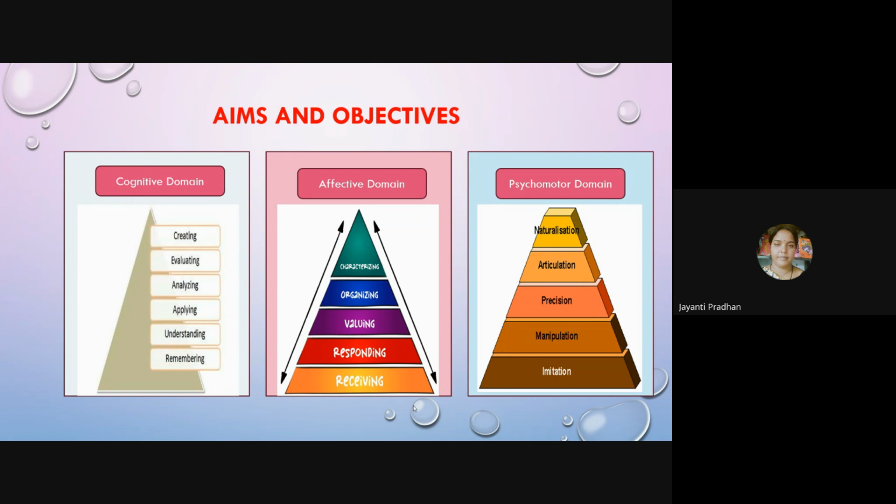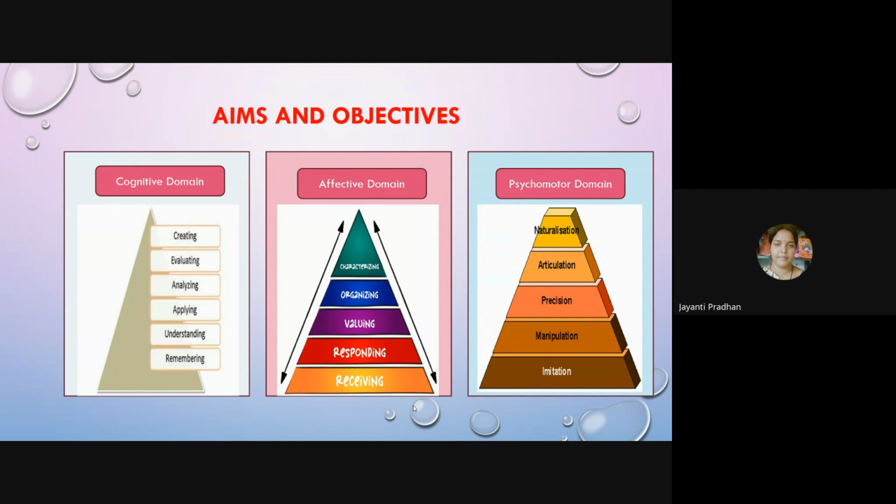So, now contents are there with us for delivery or transaction. Before transacting the content, the teacher must know and the learner must know what they are going to gain, what kind of outcome they are going to attain, or what learning outcome should be achieved by the learners. For that reason, Bloom has a taxonomy, and they have defined the taxonomy in three domains.